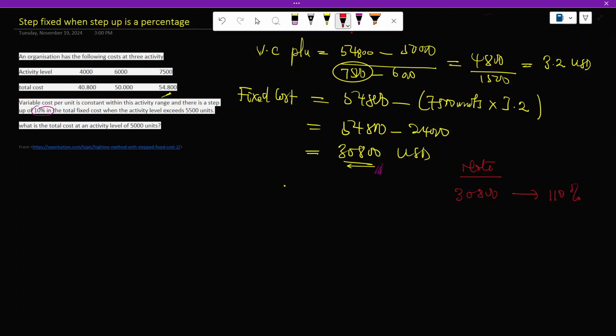Why 110? Because inside the 30,800 is a 10% step up, and we used units which are above the 5,500 units given in the question. So the 6,000 units is above 5,500, and 7,500 units is above 5,500. Therefore, the 10% step up is inclusive in the 30,800.